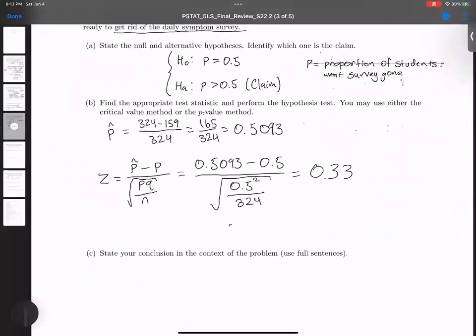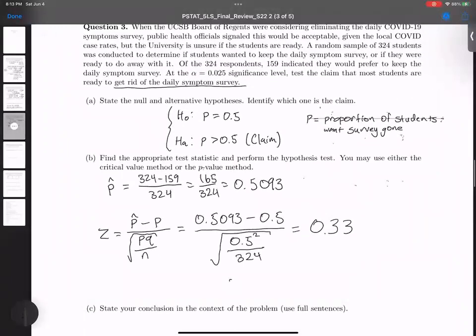And our critical value, well, we have alpha equals 0.025, and this is a right tail test because we have that P is greater than 0.5. So we're looking in the right tail area. That means we're looking for Z sub 0.025, which you might remember from all these confidence intervals that we've been doing.